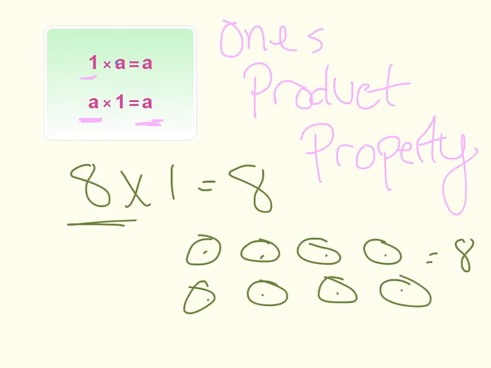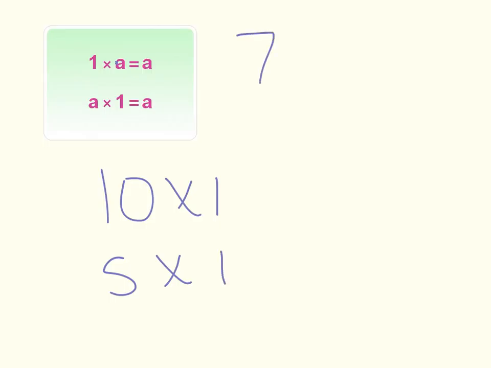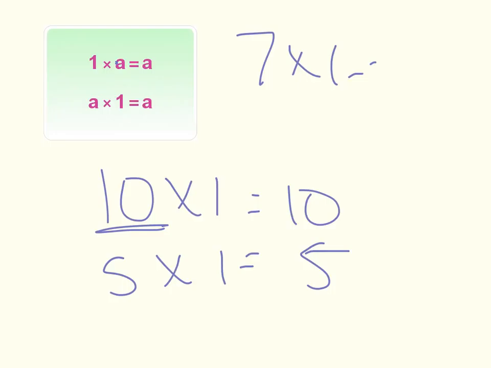So let's say we have 10 times 1, or 5 times 1, or 7 times 1. They're all going to equal that same number, so it'll still be 10, it'll still be 5, and it'll still be 7.